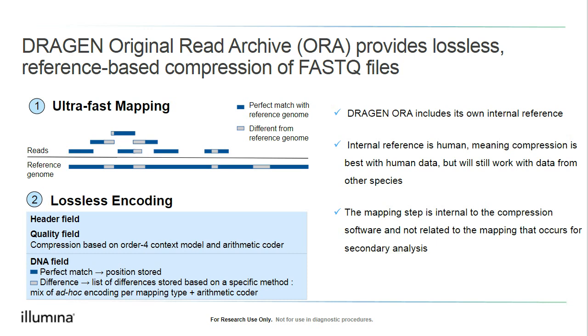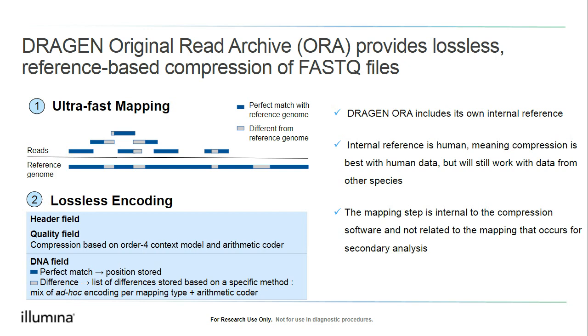It determines where the read perfectly matches with the reference genome and where the differences are. As a second step, we encode that data as is typically done with compression software, and we basically make a record of where those perfect matches and those differences are.